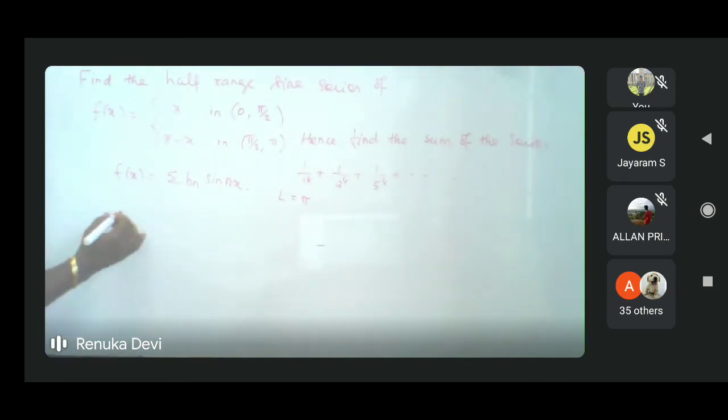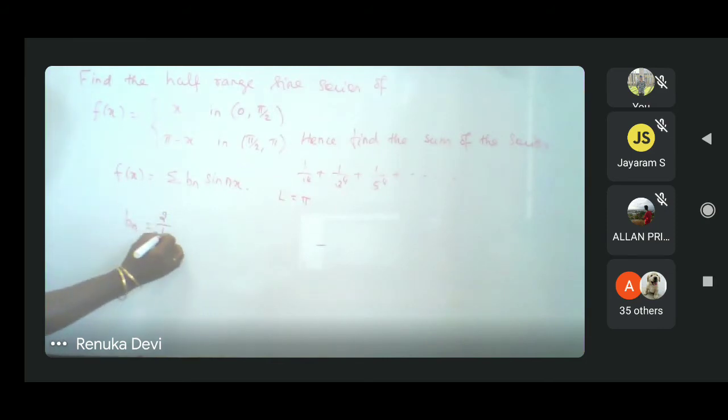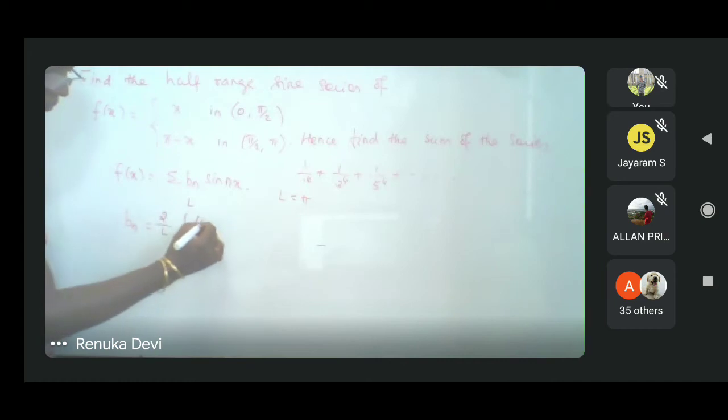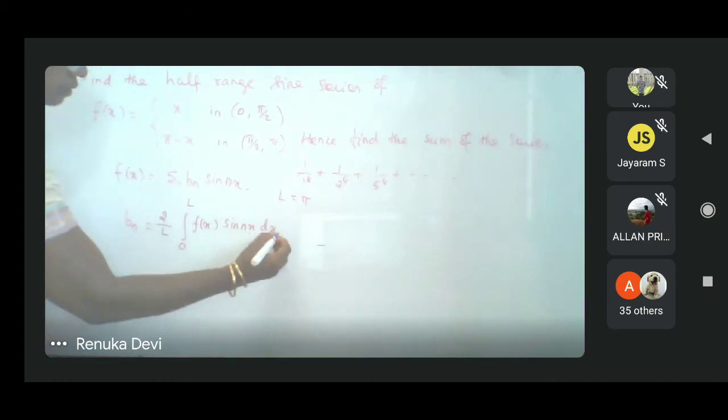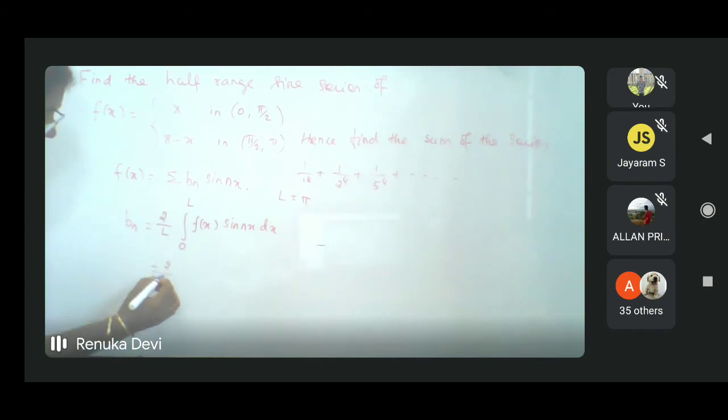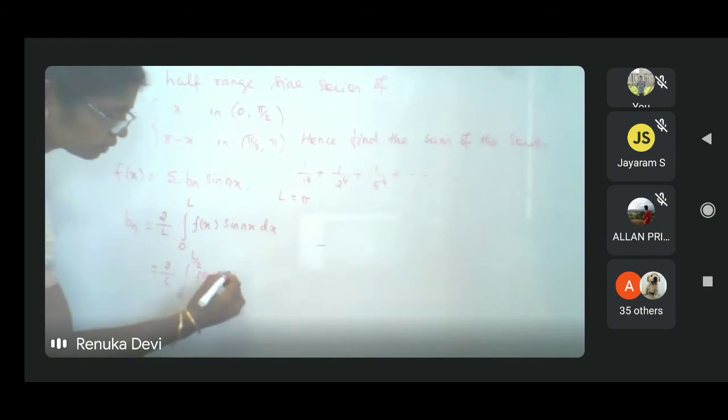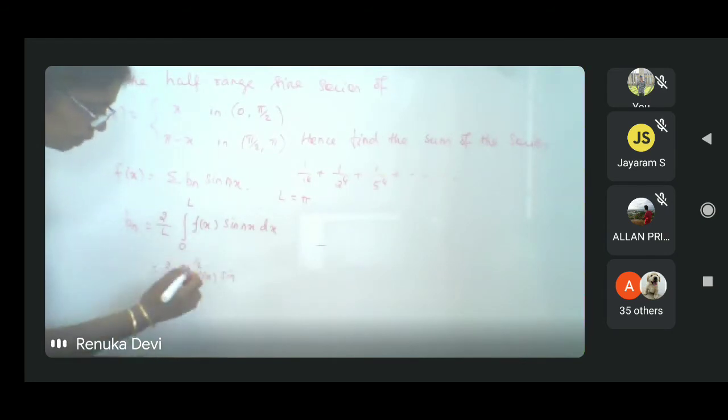What is your Bn? Bn is 2 by L, 0 to L, f of x sine nx dx. That is equal to 2 by L, 0 to L by 2, f of x sine, this is not L, it is pi by 2.